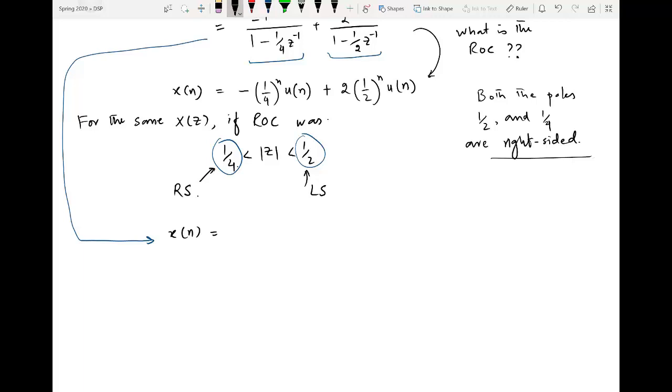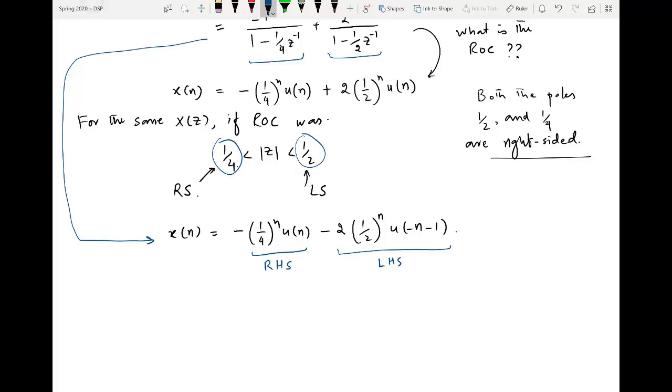The answer would have been, because 1/4 is right sided, the first part will be the same, it is (1/4) to the power n u[n], and in the second part we need to place an extra negative sign, -2 times (1/2) raised to power n u[-n-1]. So this one is a left hand sided sequence and this one is a right hand sided sequence.